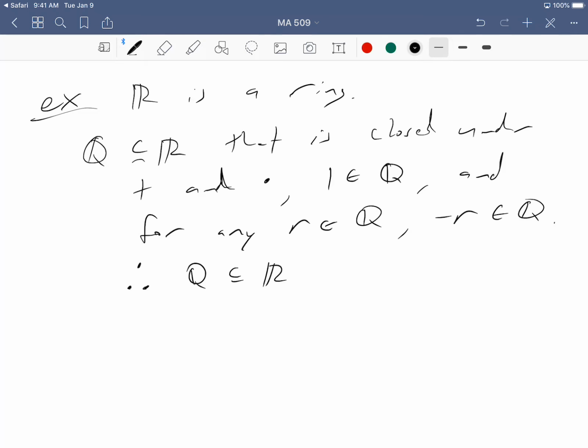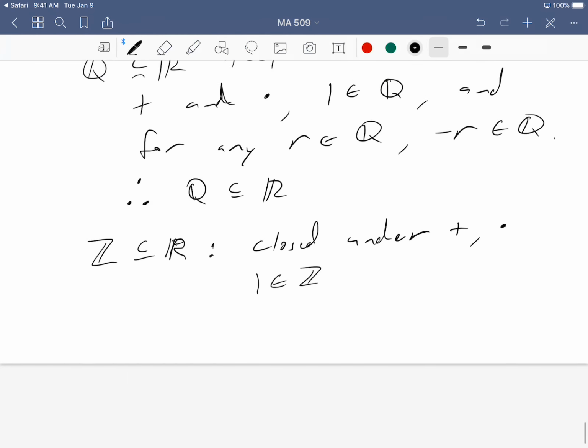Okay, how about Z? Z is a subring of R for the same reasons. Closed under addition: if I add 2 integers, I get an integer. If I multiply 2 integers, I get an integer. 1 is an integer.